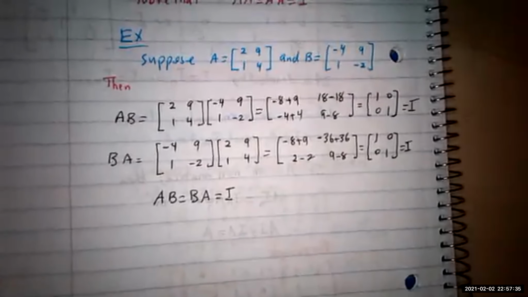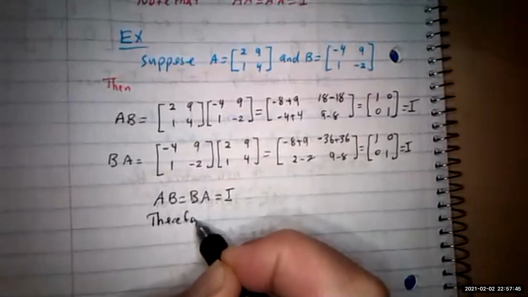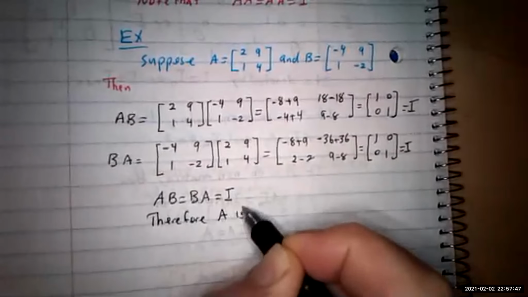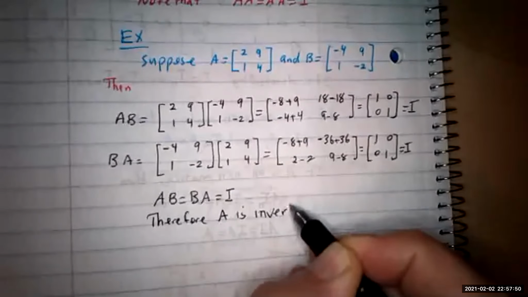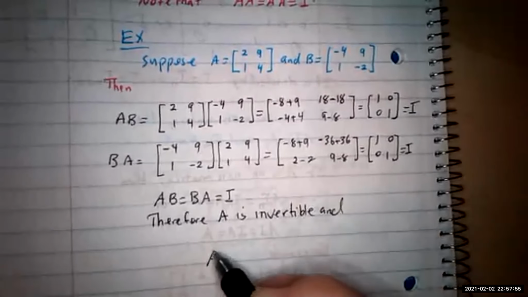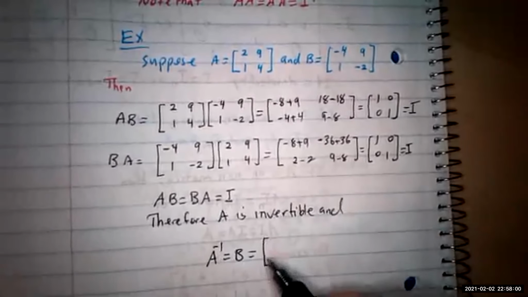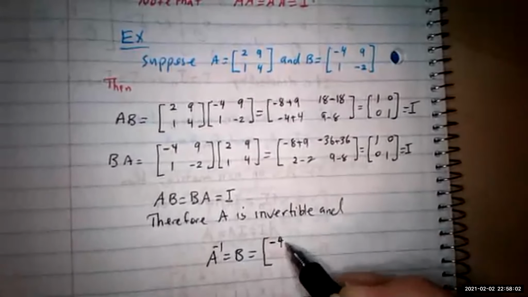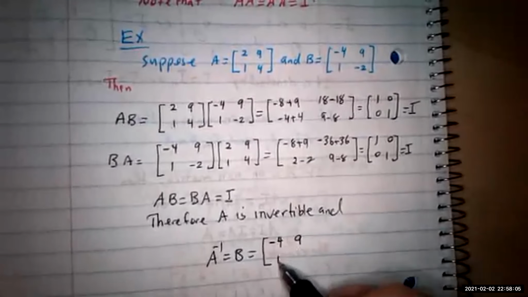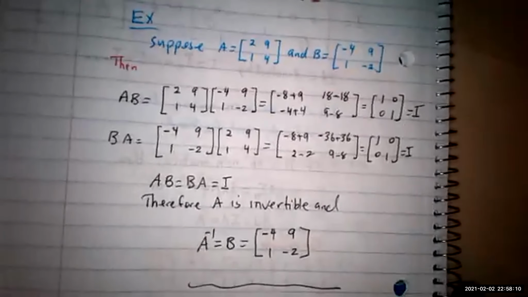So this means they are inverses of each other, so they are invertible. You can say therefore that A is invertible, and A inverse is going to be B, which is [4, -9; -1, 2].